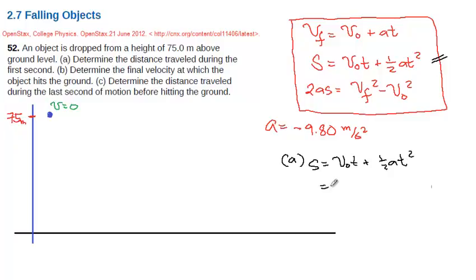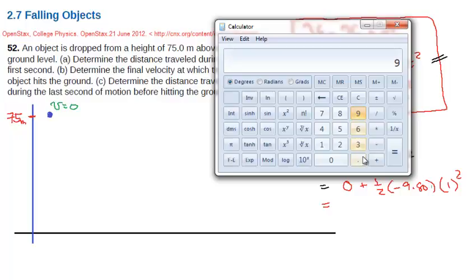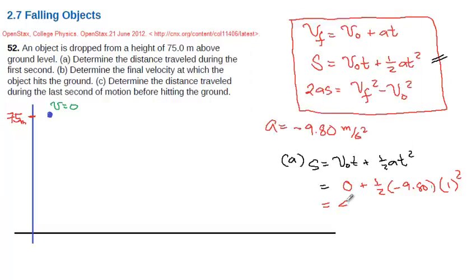Plugging in values, v-naught is 0, so it's 0 plus 1/2 times negative 9.80 times 1 squared. That's negative 9.8 divided by 2, so 4.9 meters. The negative sign simply indicates displacement, meaning the particle has moved downward.